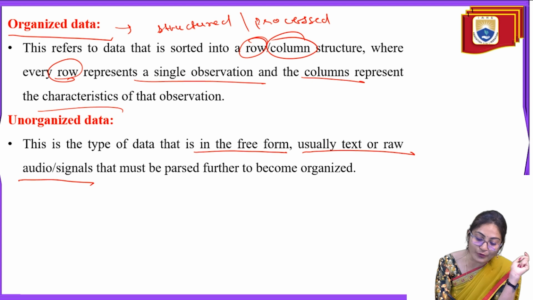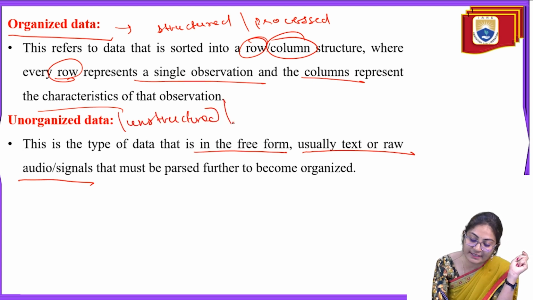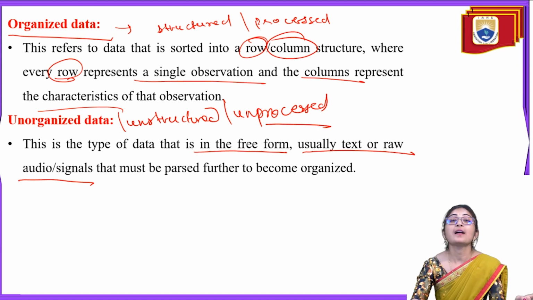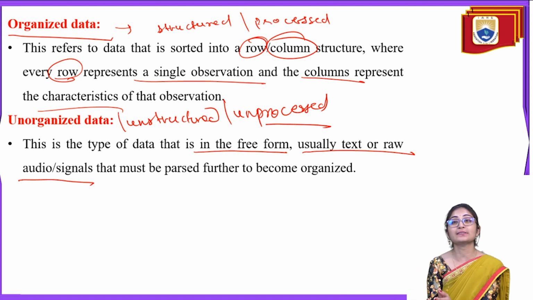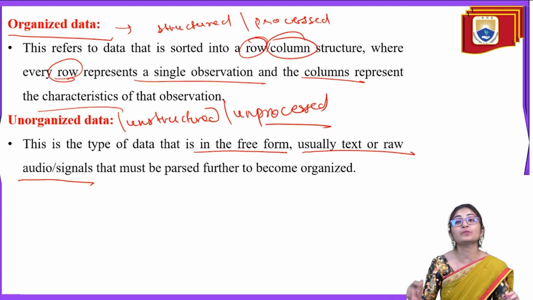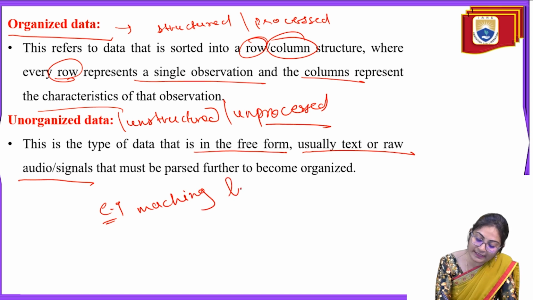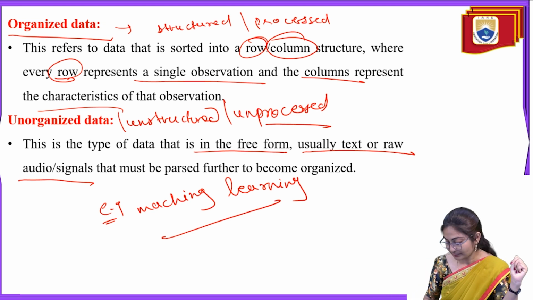And unorganized format means we can say unstructured data, unprocessed data. And now, after collecting this type of data, we have to process it, and for processing you have to use various different algorithms, for example, machine learning algorithms. There are so many machine learning algorithms, so you can use any algorithm for organizing the data.